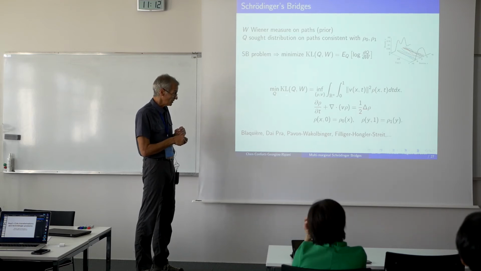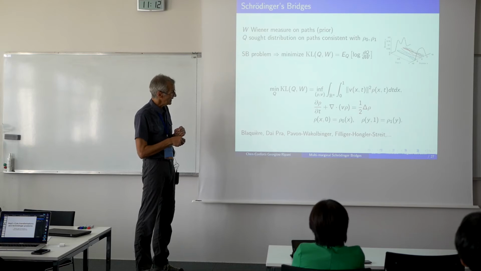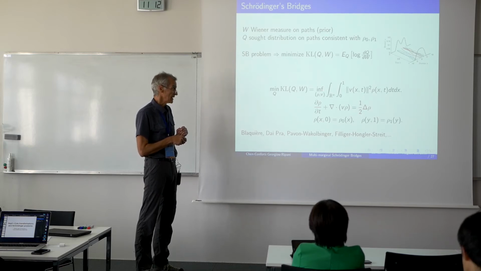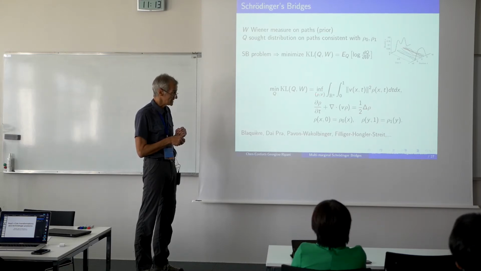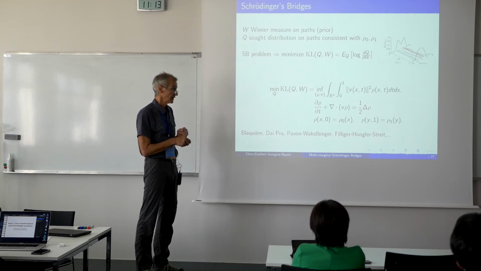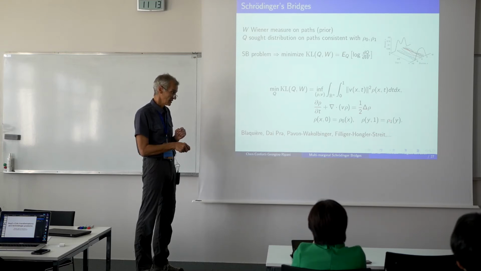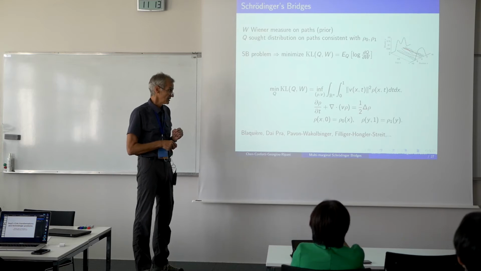So it turns out, and this is basically Giovanni's theory, that the relative entropy between those two is the minimum over densities and velocity fields of an action integral subject to the Fokker-Planck equation and the given marginals.